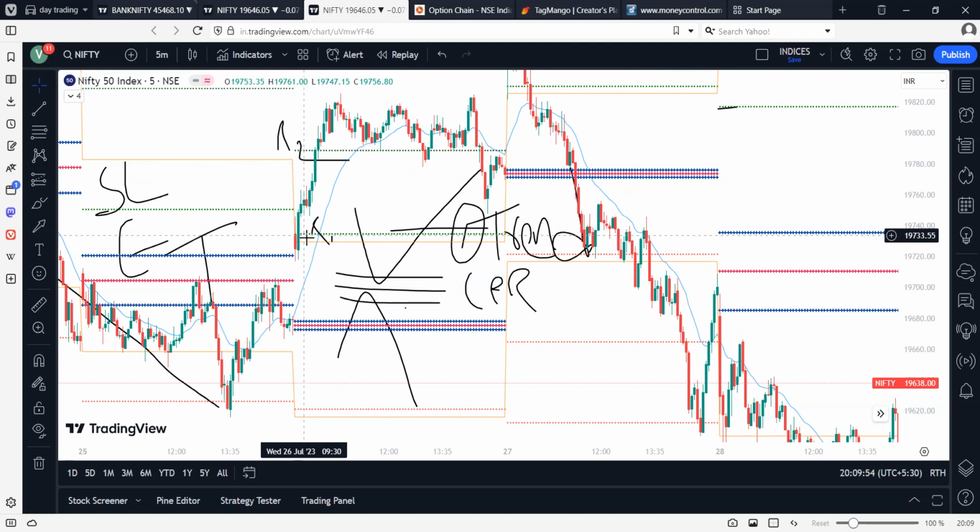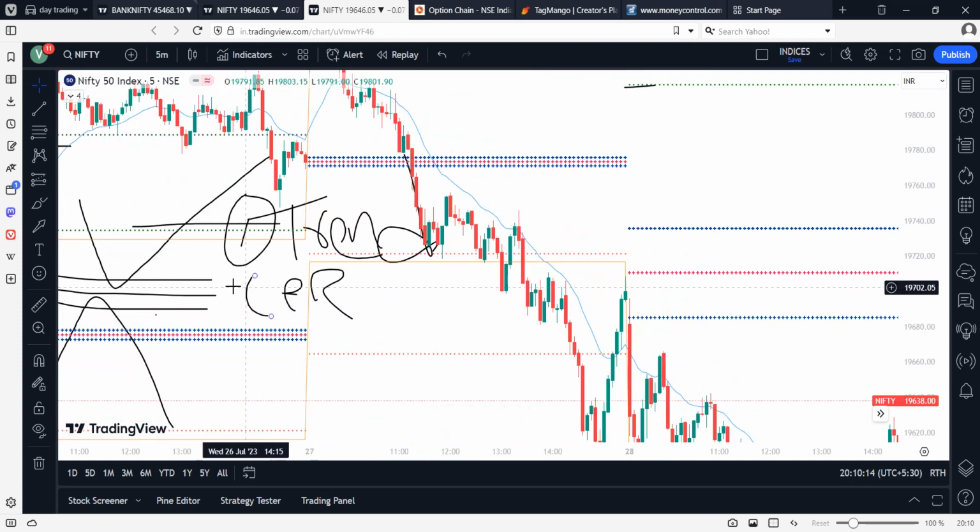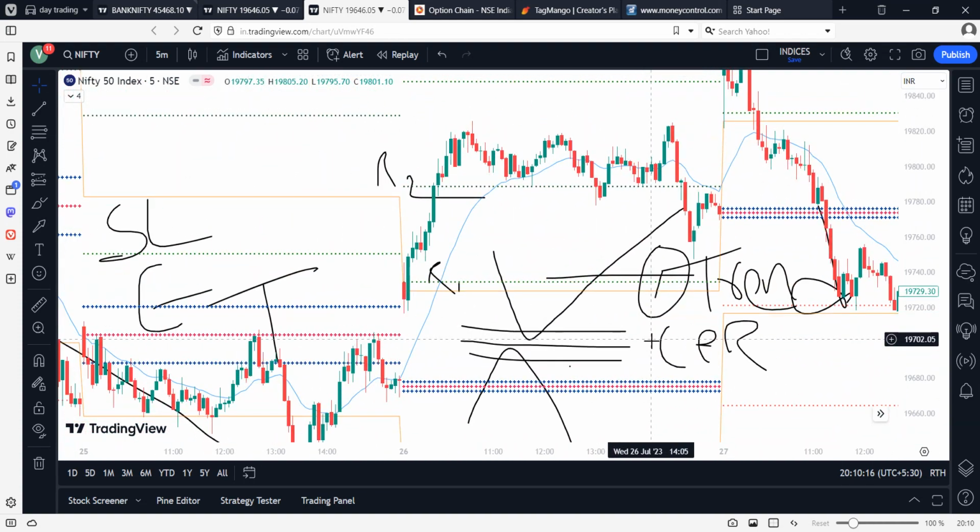See, the first 5-minute candle is very important. This first 5-minute candle closed below the R1, but most of the time when a gap up happens, this candle will close above the R1. This is a big concept. You can watch my videos to learn the concept clearly.